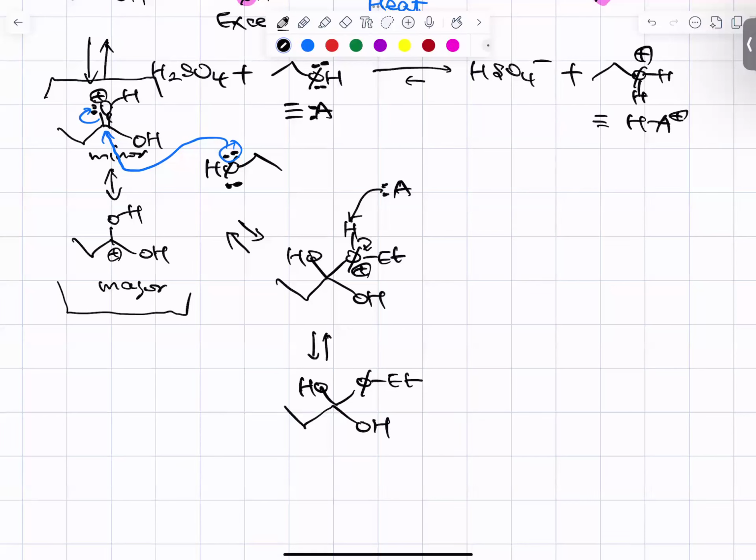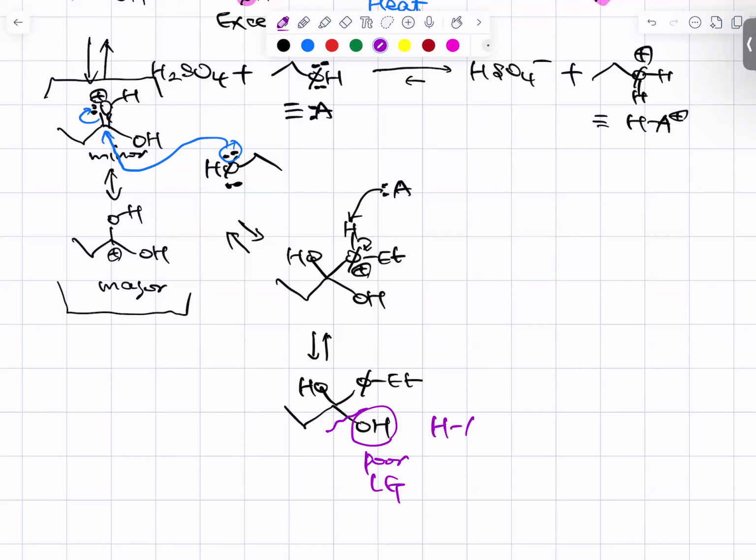Our goal is to cleave this carbon-oxygen bond, to make it leave. Currently, this is a poor leaving group, and in acidic condition we do not make it leave as it is. In basic condition we can make it leave, but in acidic condition we cannot leave it as it is, so we need to protonate first.